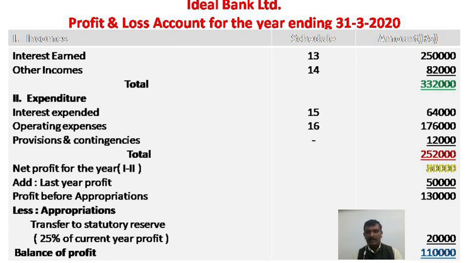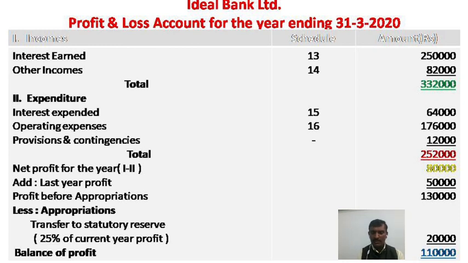The current year profit is rupees 80,000. On this 80,000, we have to transfer 25% to statutory reserve, which will be rupees 20,000. After transferring this to statutory reserve, we will get the balance of profit rupees 1,10,000. This is the balance of profit taken to the balance sheet.